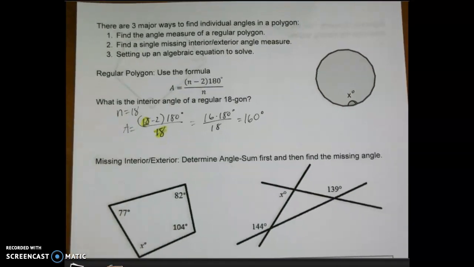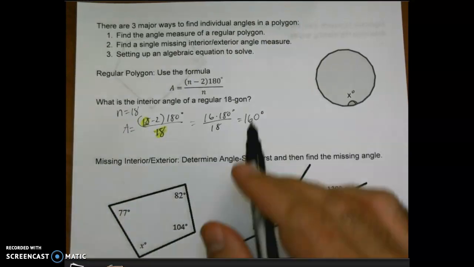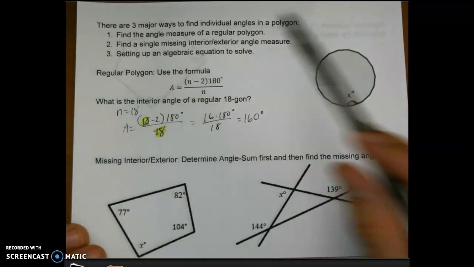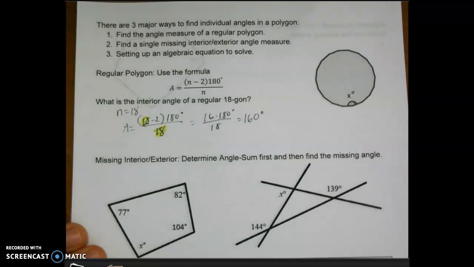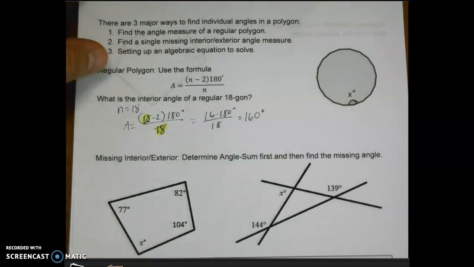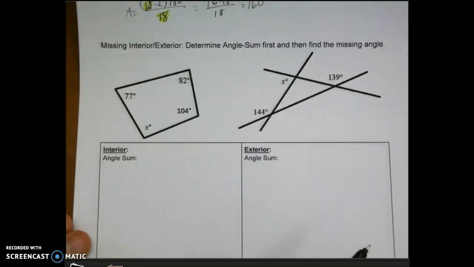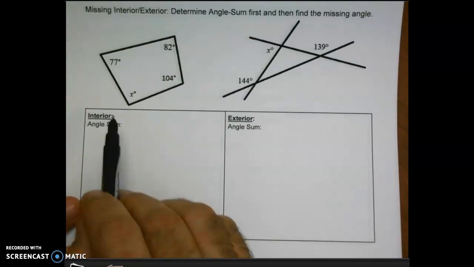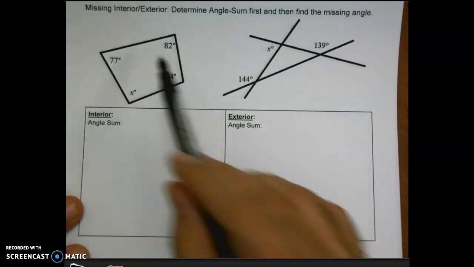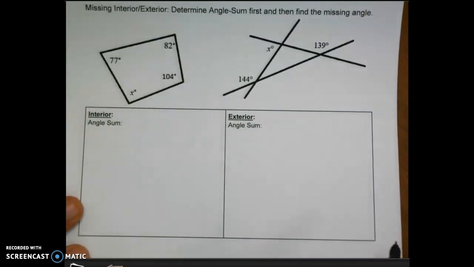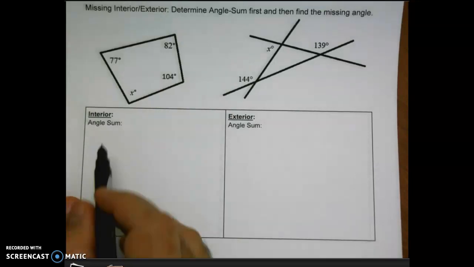Now the second one we're going to look at is, what if you need to find a single missing interior or exterior angle measure? And to do that, you need to determine the angle sum first and then find the missing angle. So I've got two examples here. I've got an interior situation and an exterior one. For the interior, I need to find the angle sum first.